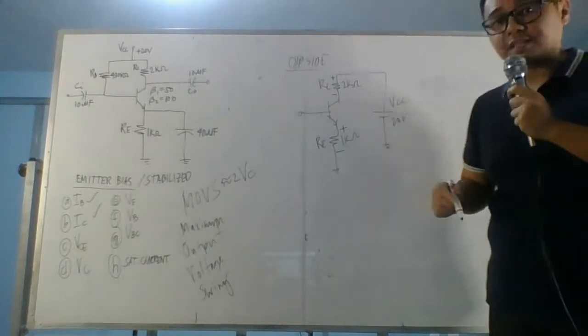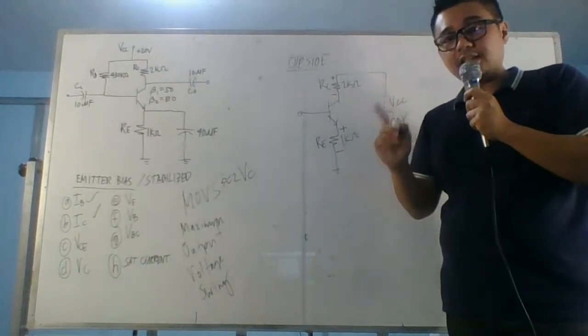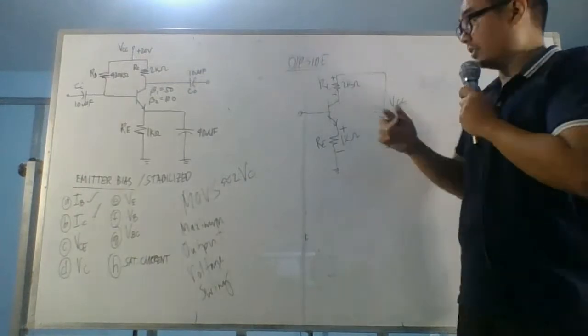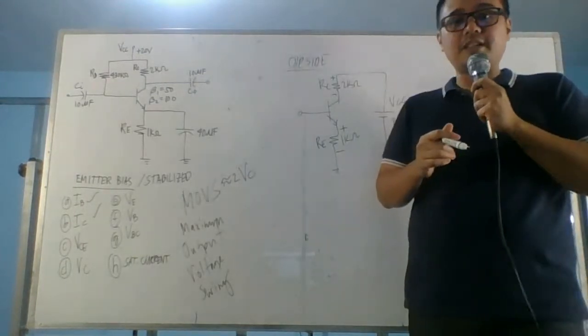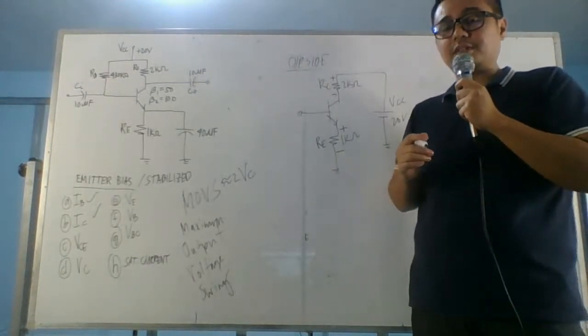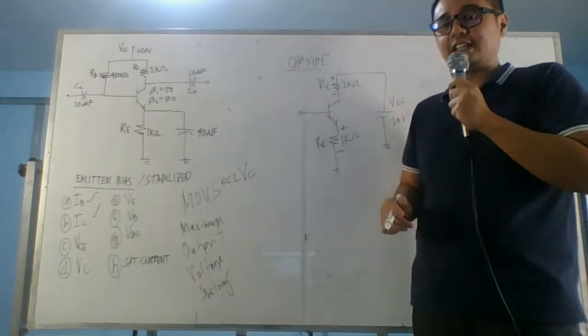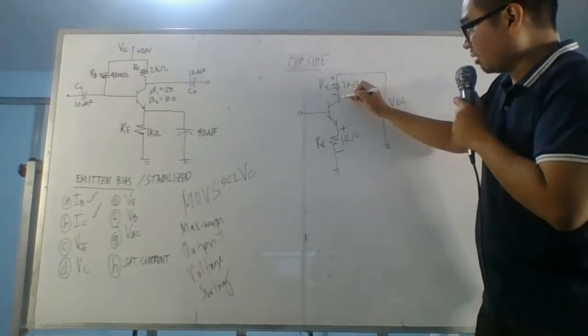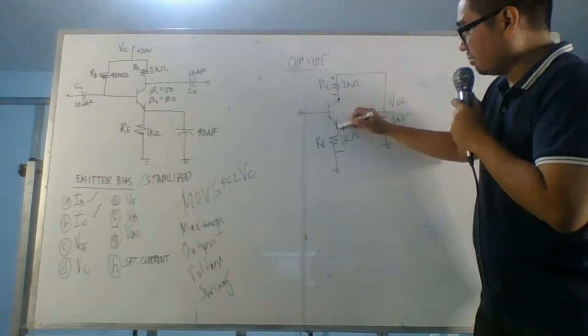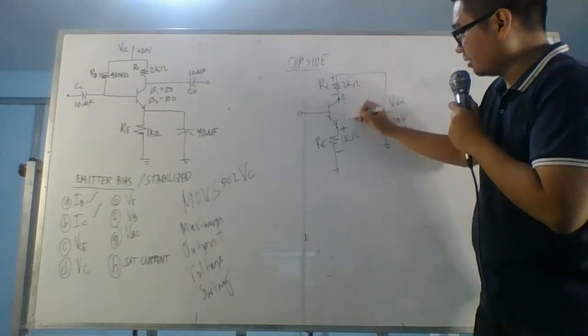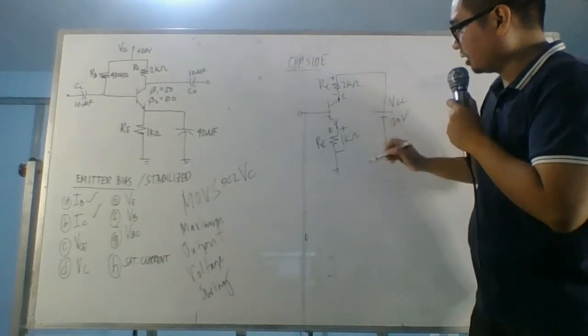And the same with VCE. Do not forget VCE kasi ang dami nagkakamali dito. Nakakalimutan lang yan ang polarity, yung collector to emitter voltage. Yun nga yung importante. Okay? So this is the collector. This is the emitter, so lagyan natin ang label, no? Collector and emitter.